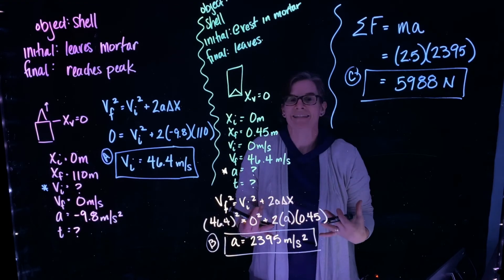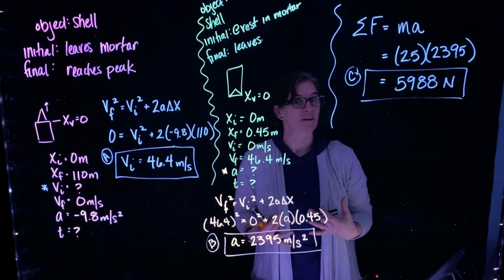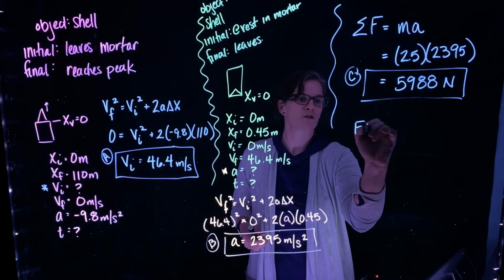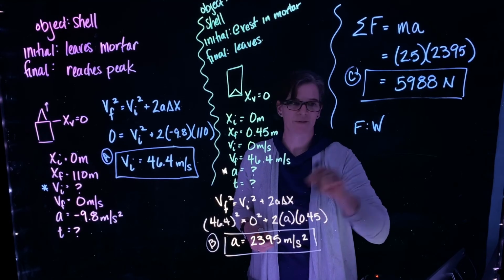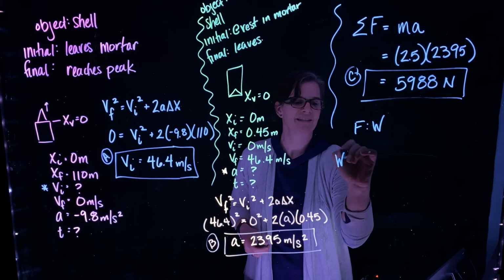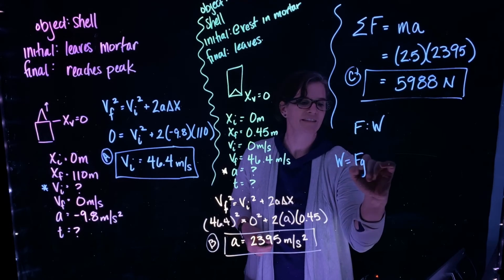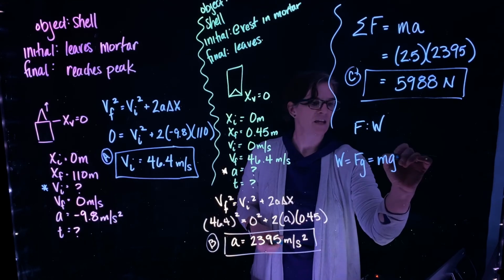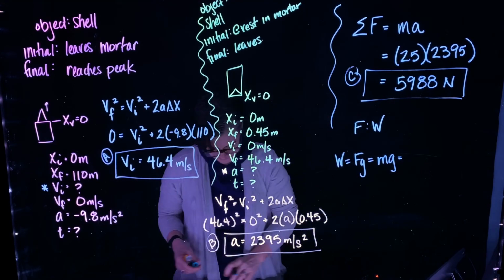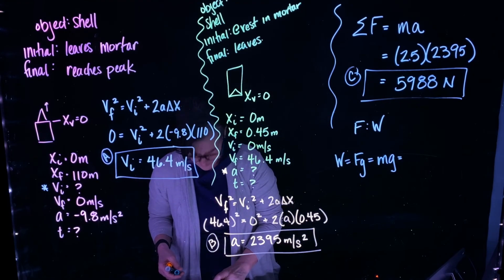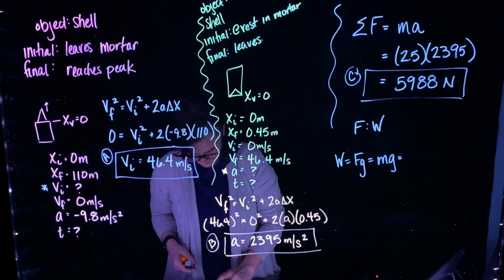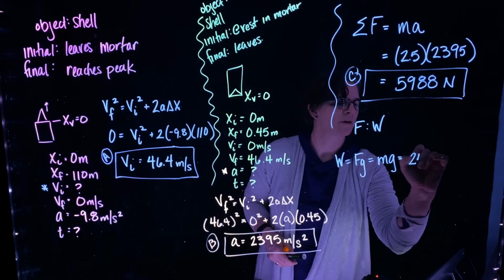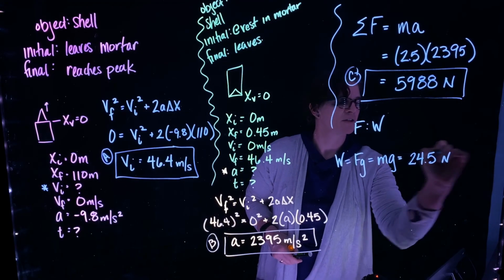Now, it does also ask us, what is this answer in terms of the object's weight? How many G's does this firecracker feel? Well, if we're going to look at the ratio of the force to the weight, we need to know the weight. Remember, the weight is the force of gravity, which is equal to mass times gravity. So our weight, which is 2.5 kilograms times 9.8, gives us 24.5 newtons.